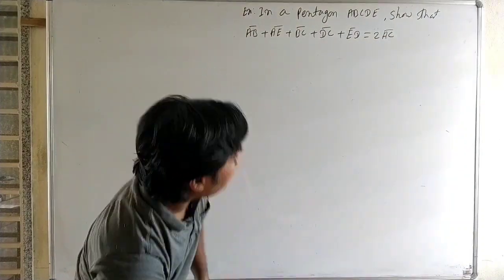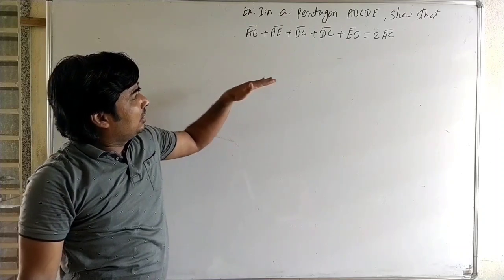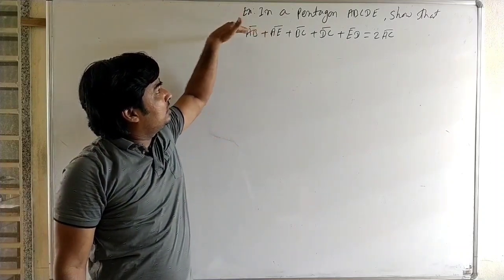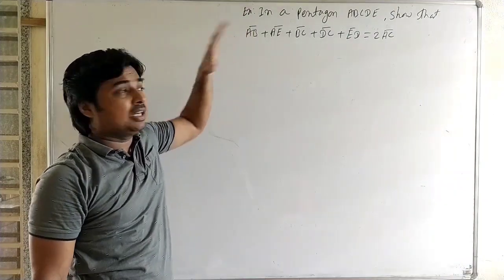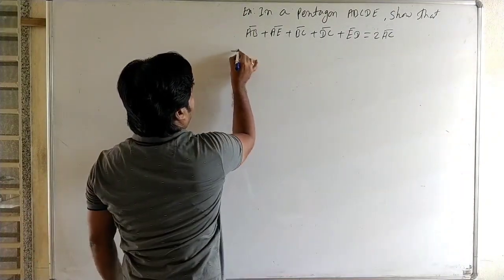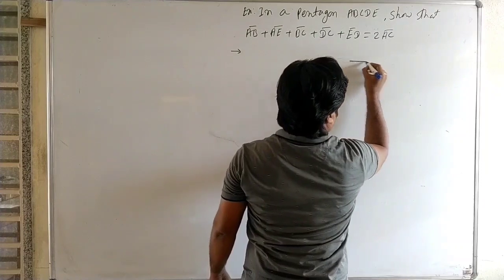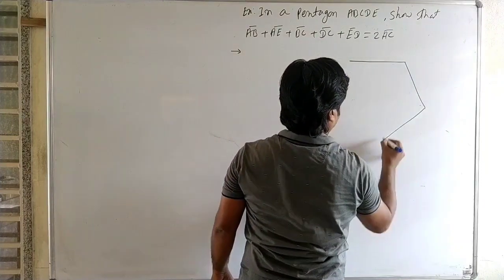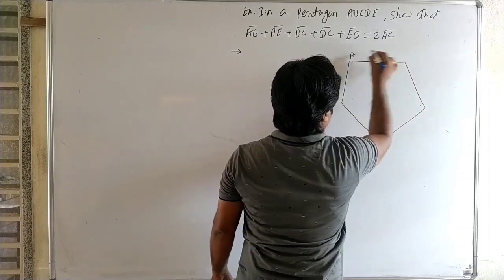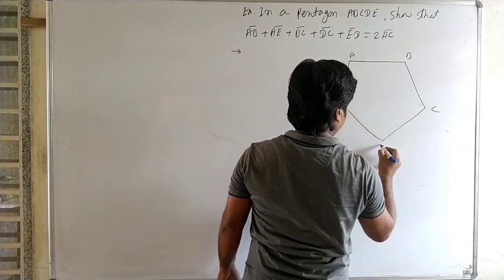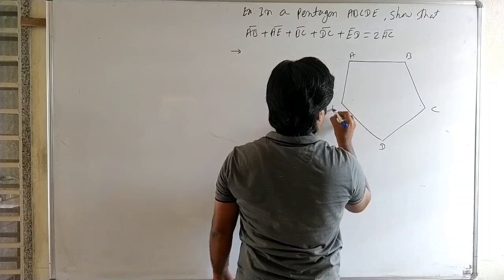Here it is a pentagon. In a previous example we saw the hexagon. Same kind of example, and we use the triangular addition here. Here it is a pentagon ABCDE.